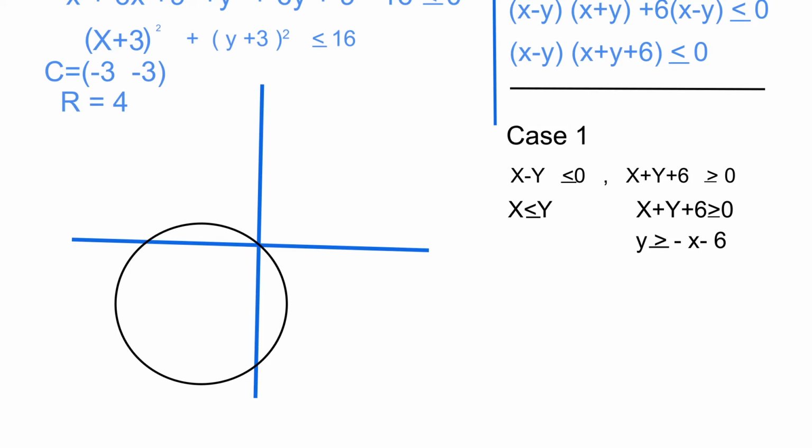Okay, so these are obviously lines, so we have to plot them. The first one is the line x equals y, right? x equals y is just basically a line that goes like that. That's the first one, x equals y. Okay, the next one is the line y equals minus x minus 6, so I'll plot that one.